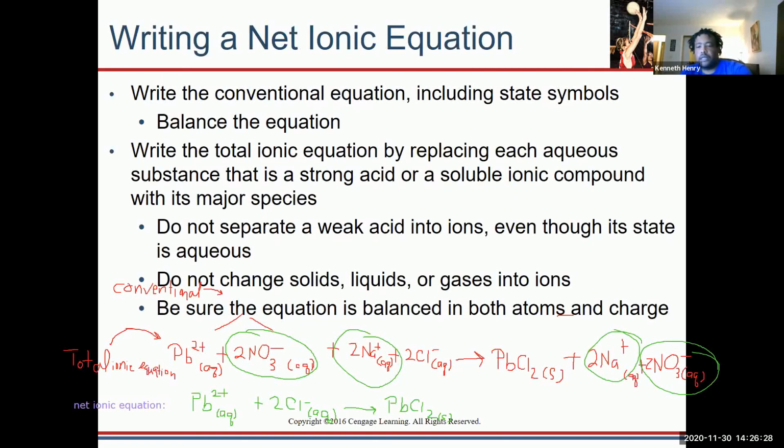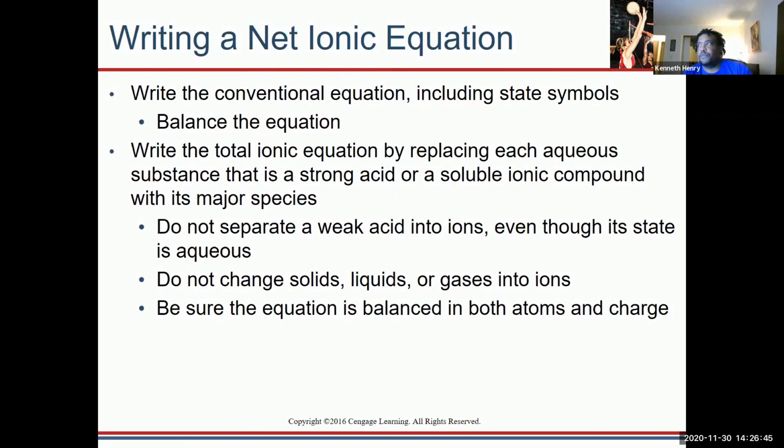Okay, clear. So when you're doing net ionic equations or just ionic equations in general, the first thing that you want to do is write down the right conventional equation, because if you don't, it'll screw everything up. Make sure that you include the state that everything is in. It needs to be balanced.